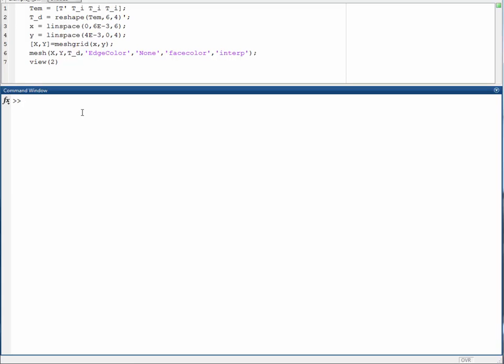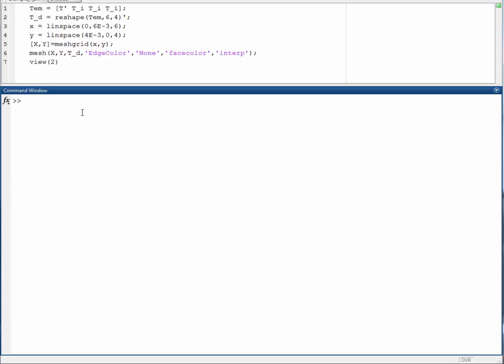The next step is we're going to resize the vector so that it has the orientation that we have. We have it so that it has 6 nodes going across one direction and then 4 nodes in the other. So we reshape this vector so that it becomes a matrix, and the size is going to be 6, 4. So that means that it's going to be 6 columns and 4 rows.